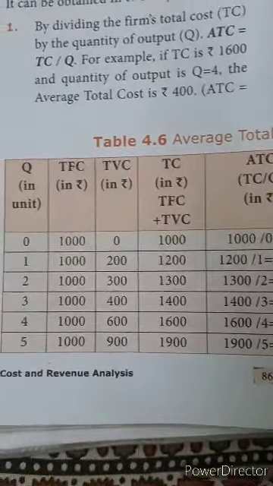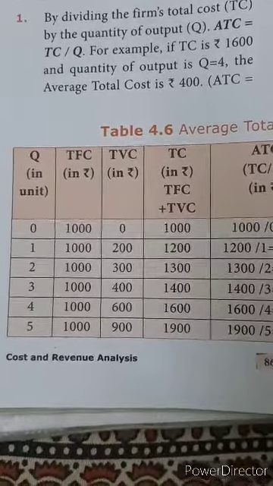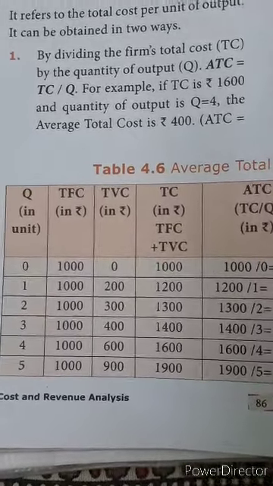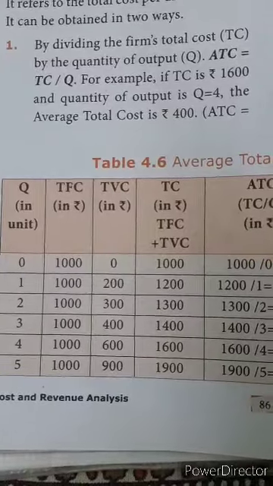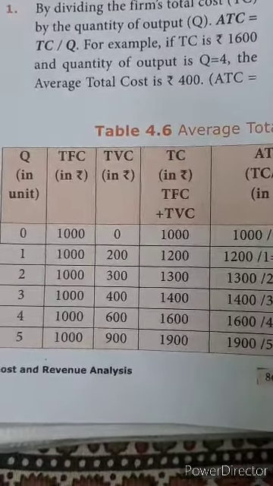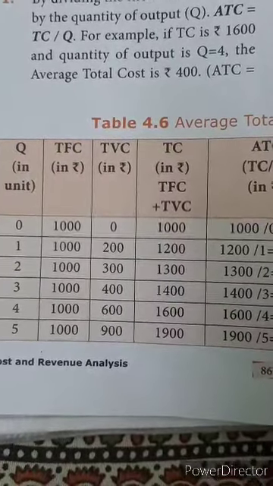Girls, see the tabular column in your book. My chartboard is not enough to draw this, so I have shown you the book. See, quantity in units they have given 0, 1, 2, 3, 4, 5.